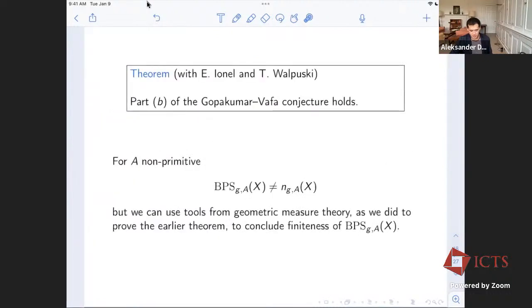The upshot is that I was really stressing that these results are independent of the genus, and these sorts of techniques can be used to prove some other results about the structure of the Gromov-Witten invariants. Let me just say one sentence about this and I'll move on.